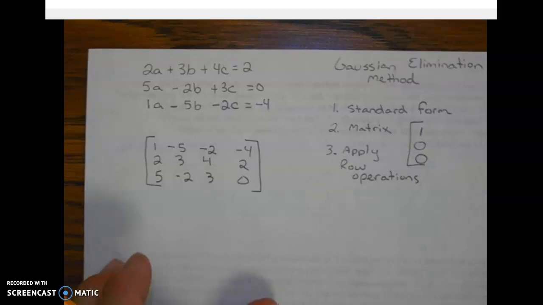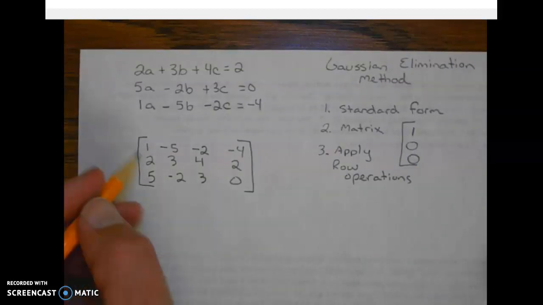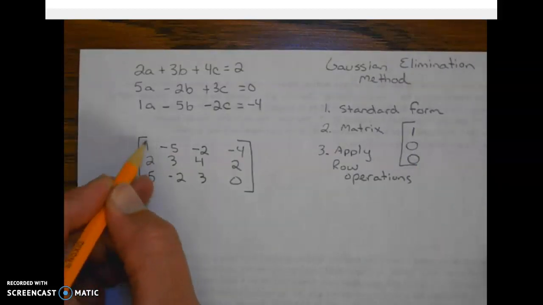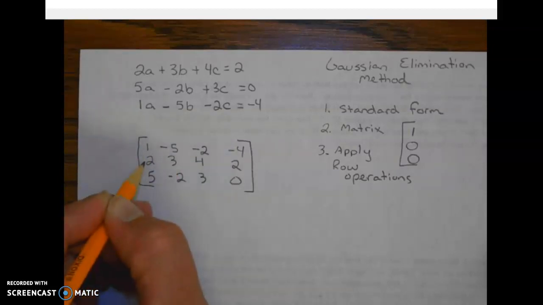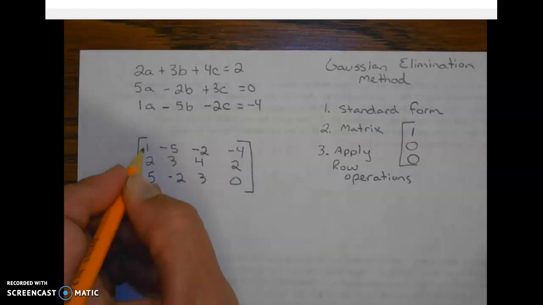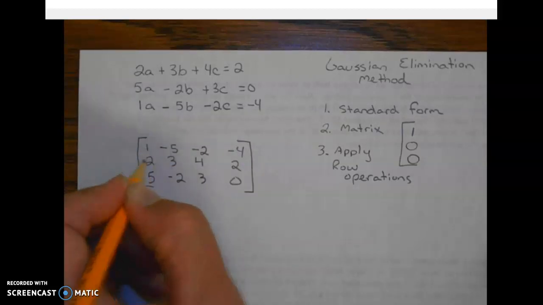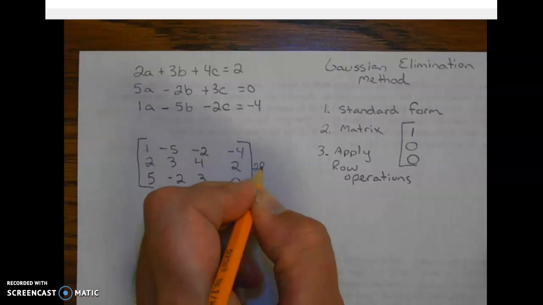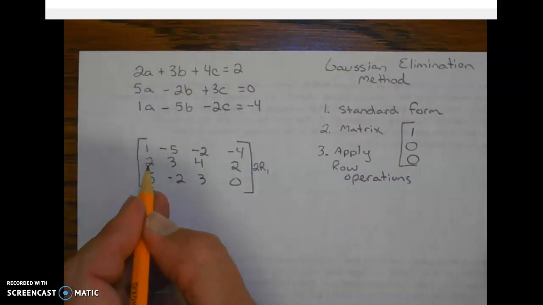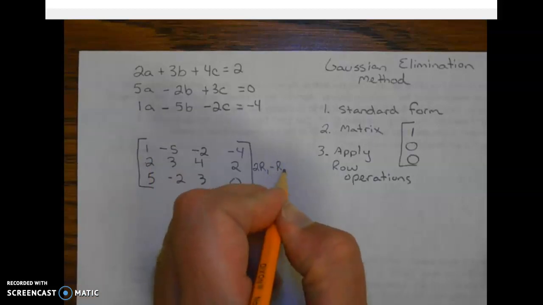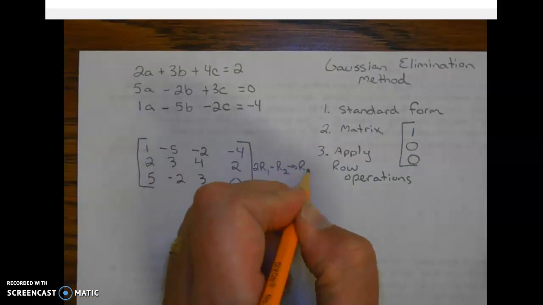So the simple process for doing that is to multiply the row with the 1 in it, that would be row 1, by this number right here. Okay, and then we're going to subtract row 2, and this is going to yield a new row 2.